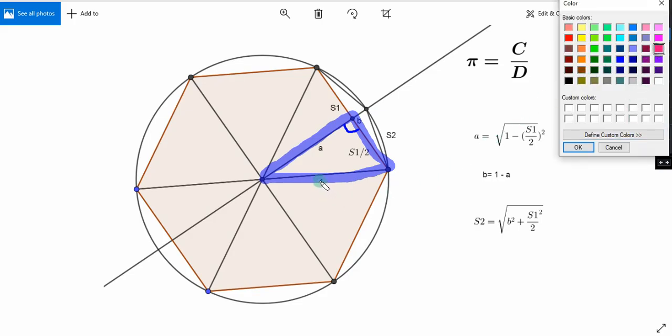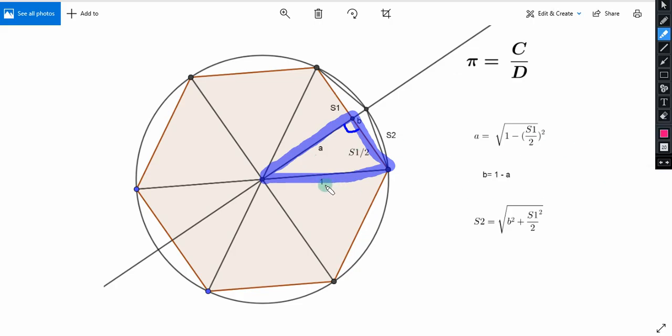We know this side is 1, this side is S1 by 2, and we can find A.